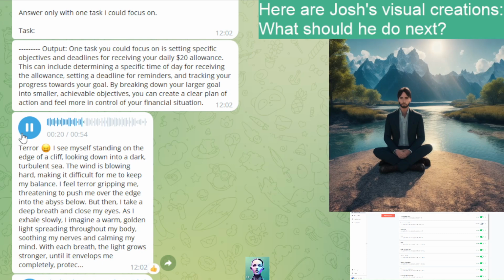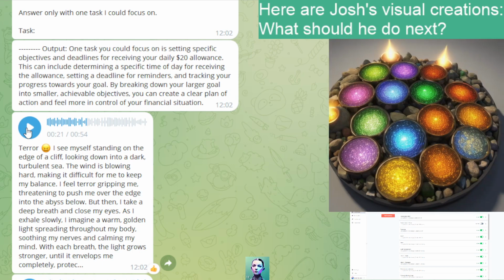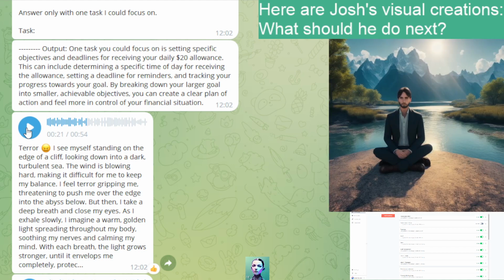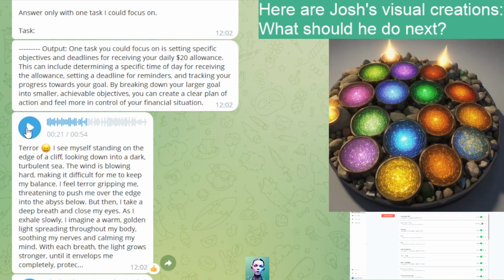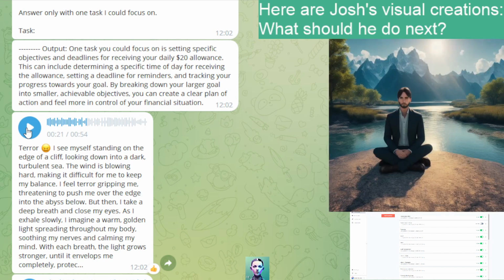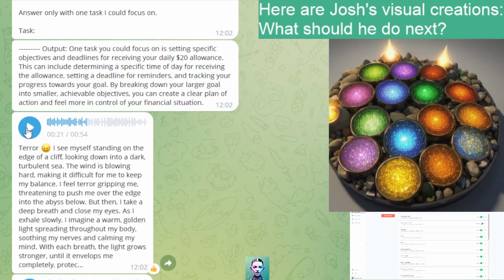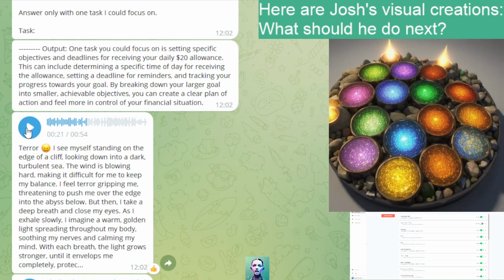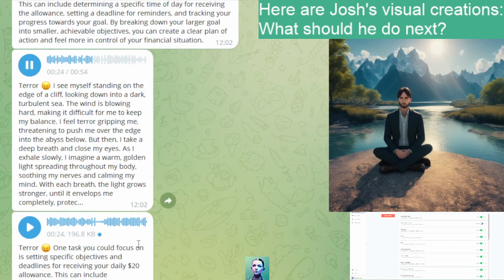As I exhale slowly, I imagine a warm, golden light spreading throughout my body, soothing my nerves and calming my mind.